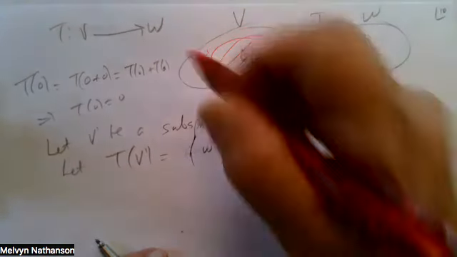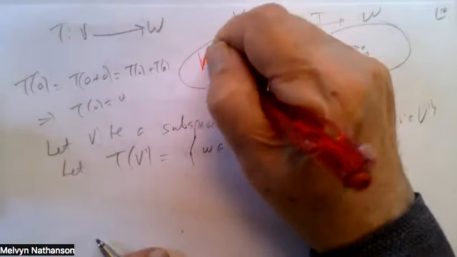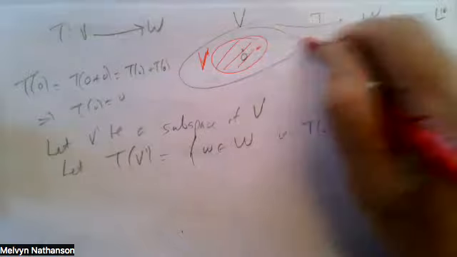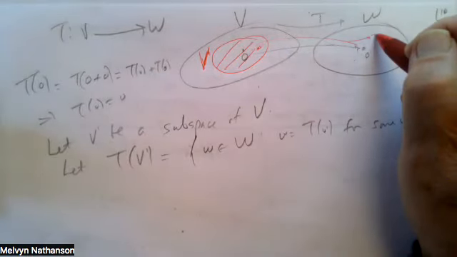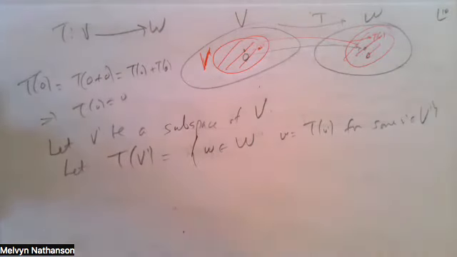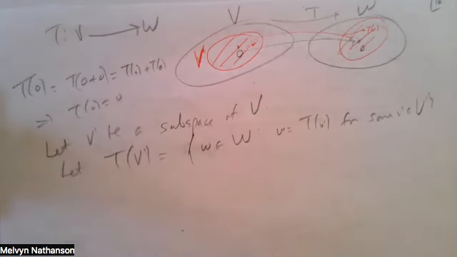So if I take any vector v prime in my vector subspace V prime, it gets sent to something, T of v prime, over here. All of that is what we call T of V prime.